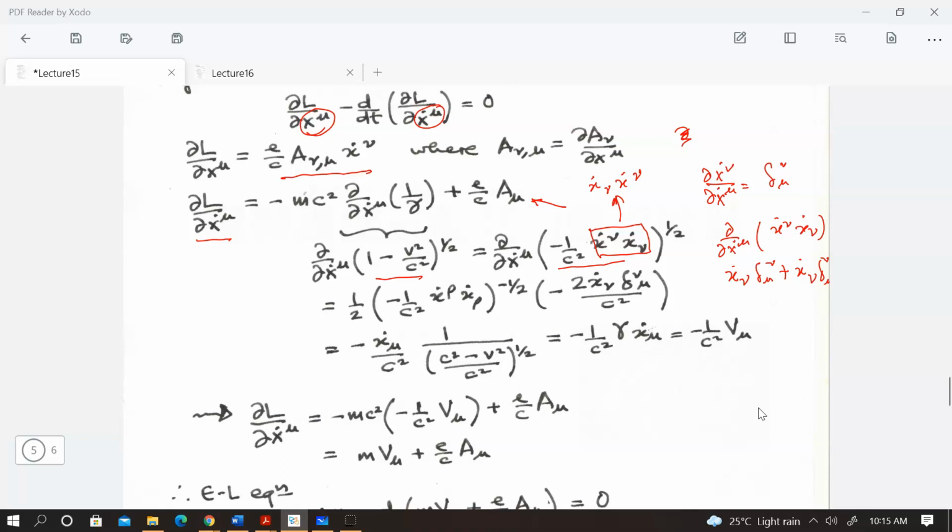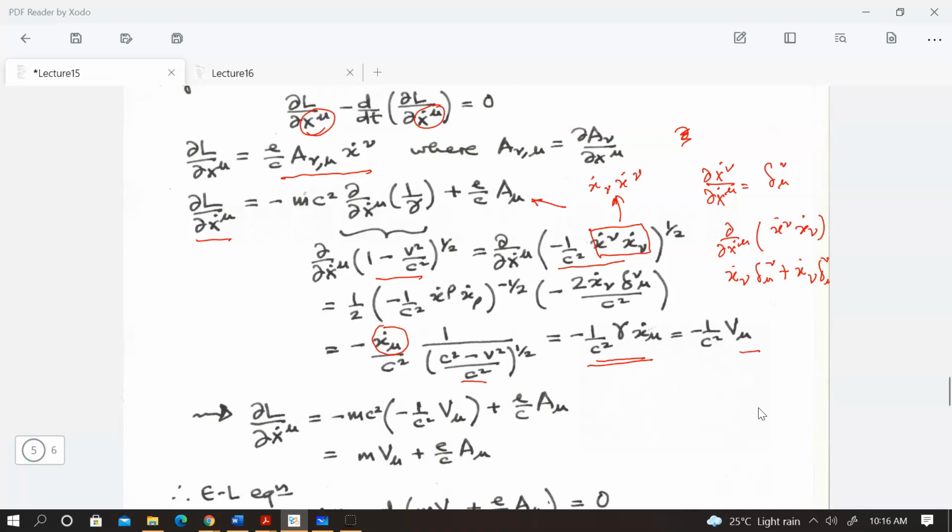This is just this term. Okay, this one will get replaced by mu, so I have x dot mu there, and then I have a c squared over here, and then finally, if you multiply everything out, you get this one. But essentially, this will actually give you the four velocities v mu.